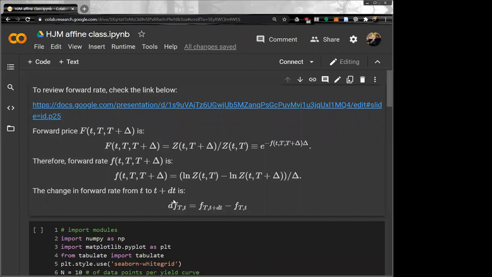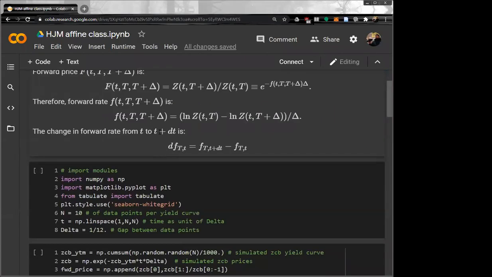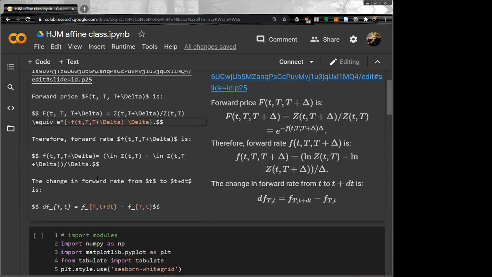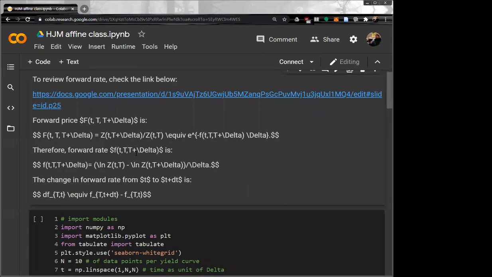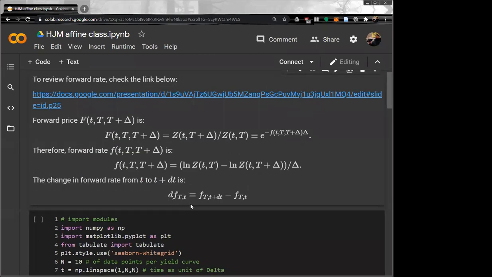So consider the change of the forward rate from t to t plus dt. dt can be a very small time or like 1 month, 1 day, whatever. Is this one not equal? Okay, it is equivalent. The definition. So we write it down this way.